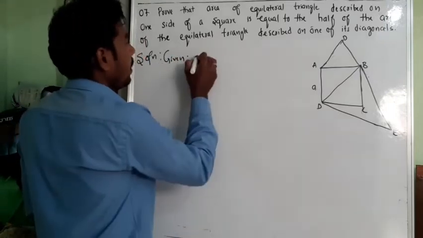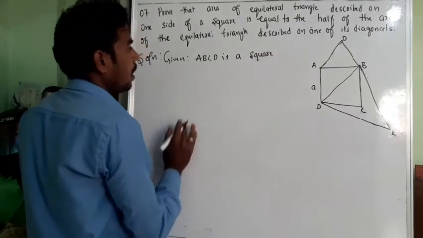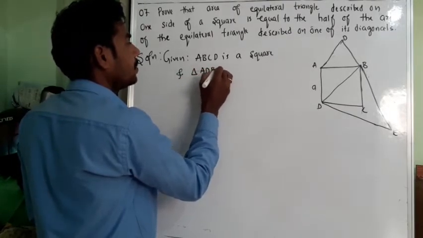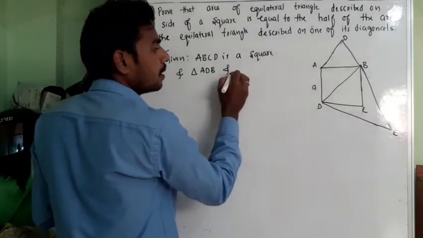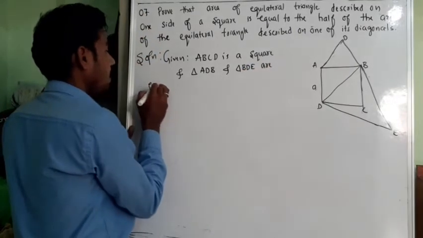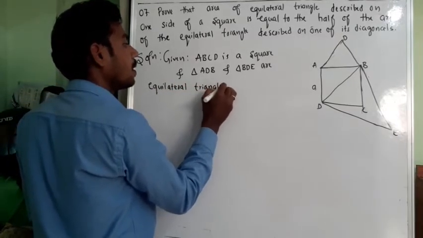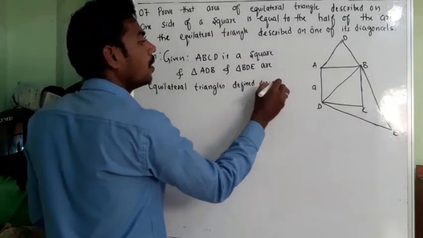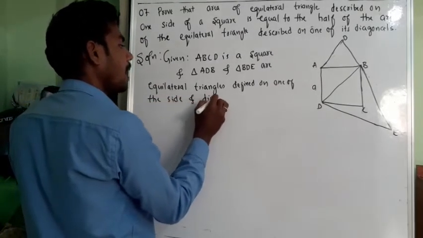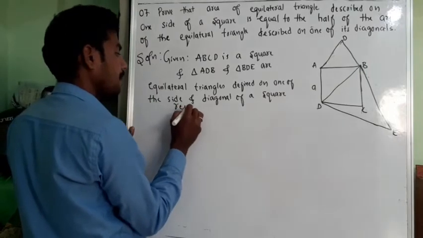Given: ABCD is a square, and triangle ADB and triangle BDE are equilateral triangles defined on one of the sides and the diagonal of a square respectively.